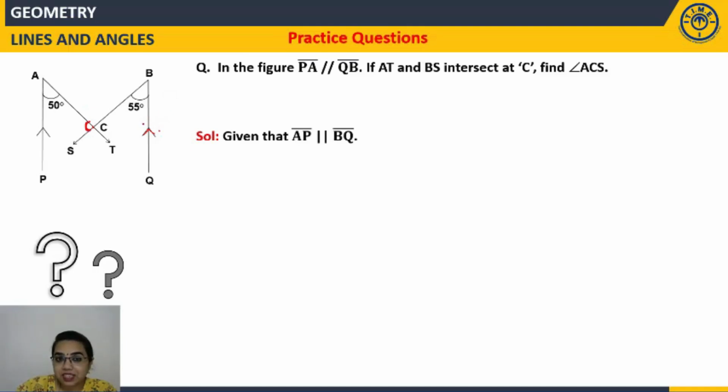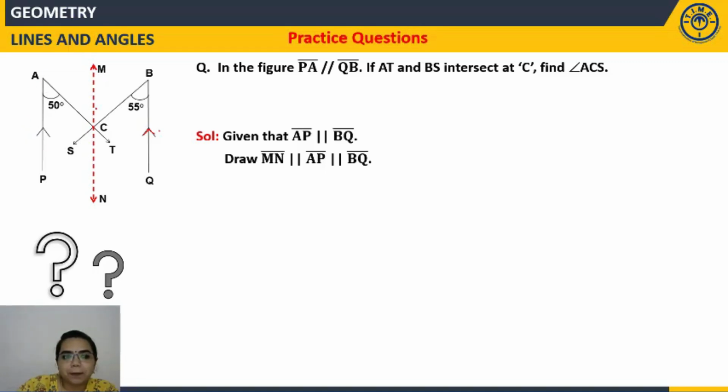Would that help us in any way? If there was a line which is parallel to both AP and BQ, you can see here we have the line MN which can be drawn parallel to both AP and BQ. Now with the help of this, can you help me solve this question? What happens here?